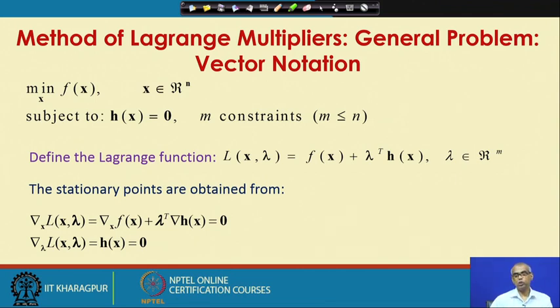These are set to 0. So, you are taking the partial derivative of the Lagrangian function with respect to each decision variable, and then you are taking the partial derivative of the Lagrangian function with respect to each Lagrange multiplier and setting them to 0.